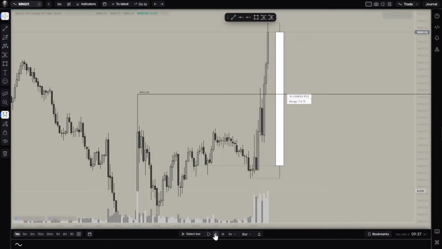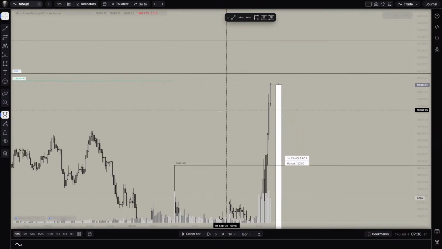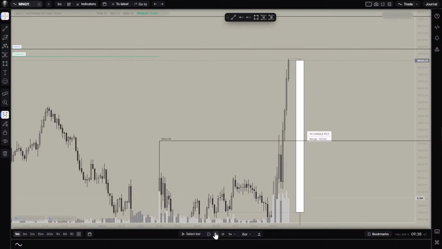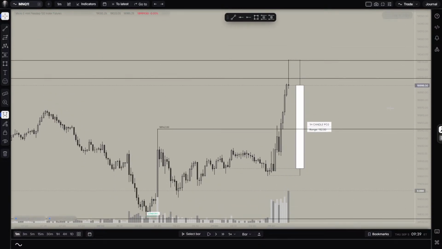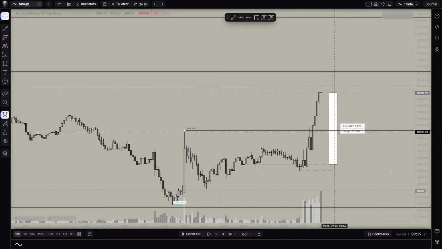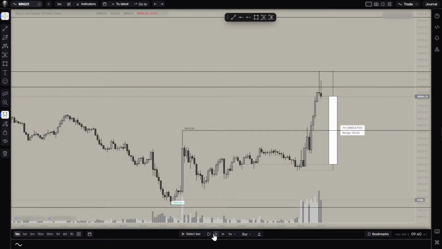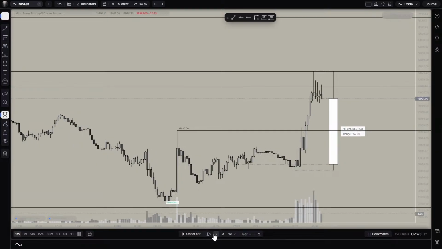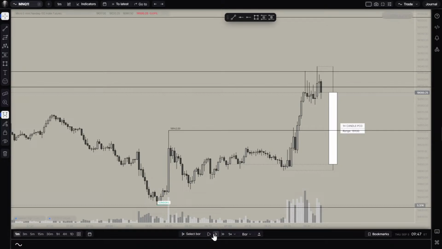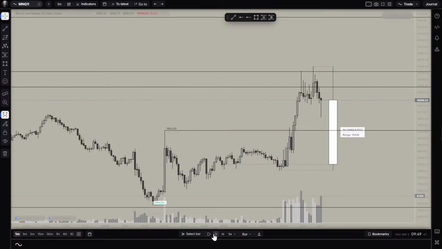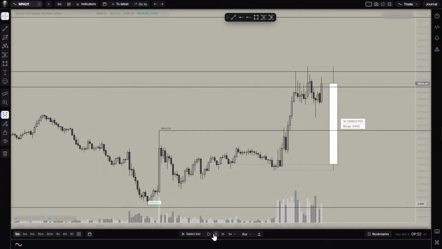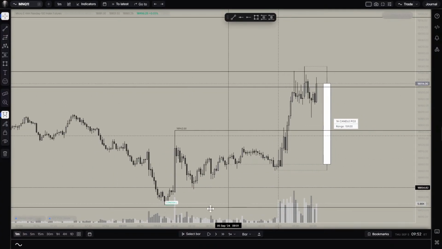Another 5 minute opens, manipulates higher. Okay. Takes all the liquidity. Do we get a Judas swing? Get a sweep. And we got a movement to the upside.